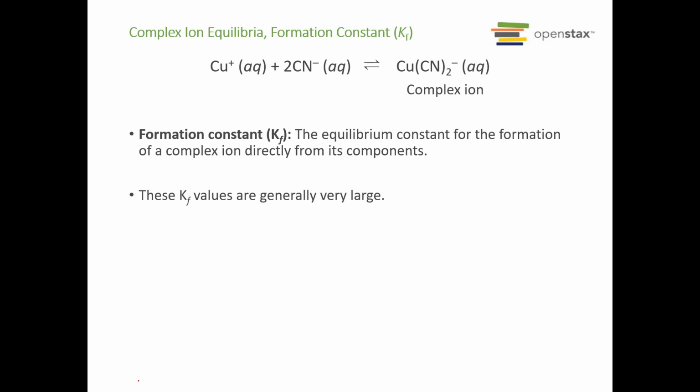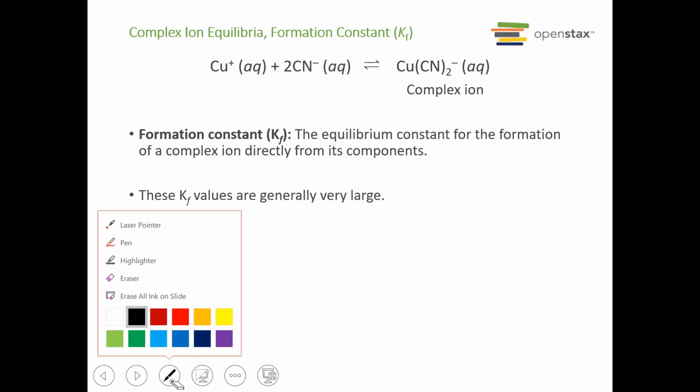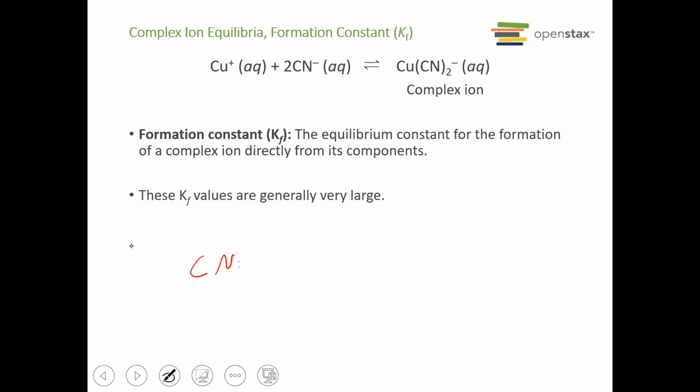So for example, if we have something like the cyanide ion and the copper ion, so we have our cyanide ion, and we'll just show the lone pair here on the carbon. And we have our copper ion. So each of these cyanide ions has a negative charge on it.